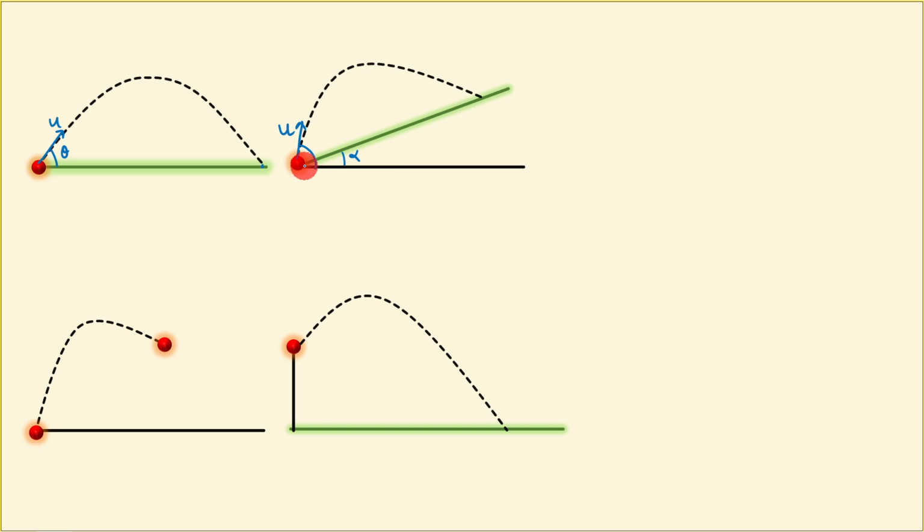It could make a positive angle with the horizontal or a negative angle, or it could be something like this also. In all of these cases, we want to determine the maximum range on this incline, and which kind of path the particle will take to achieve this maximum range. So this is the second problem.